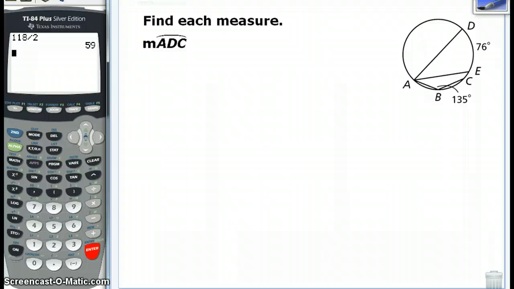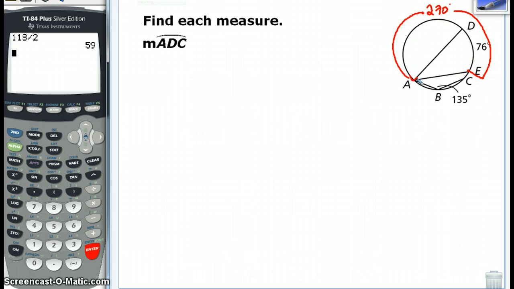Okay? Very, very exciting. Here's another one. Find each measure. ADC. So we want to find the measure of the arc ADC. This arc over here. So we know that ABC is 135 degrees. Therefore, the arc around here is twice as much, which is 270 degrees from there to there.